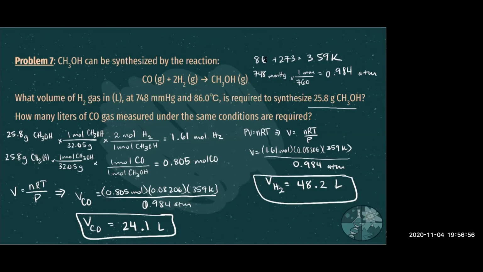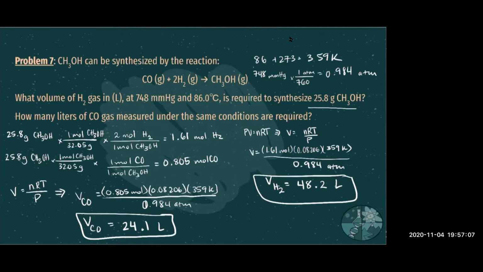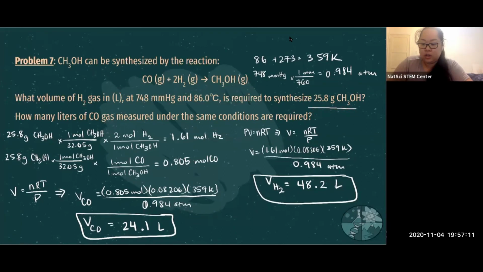So you'll have to do 2 different equations with the given grams of the product. So the moles of the product. Yeah, so you'll plug in for n. Okay, so you go from CH3OH to H2. It's a 2-to-1 ratio.